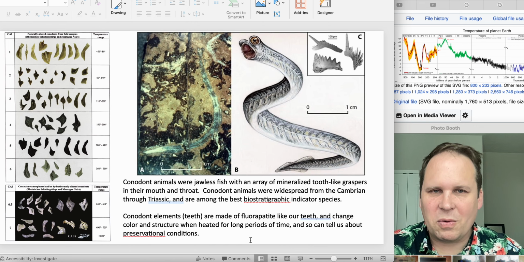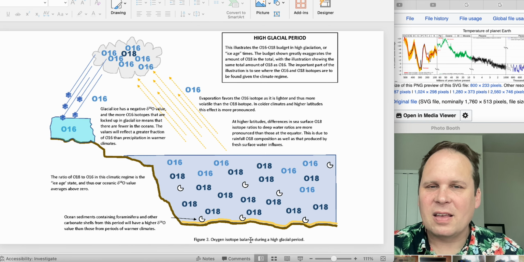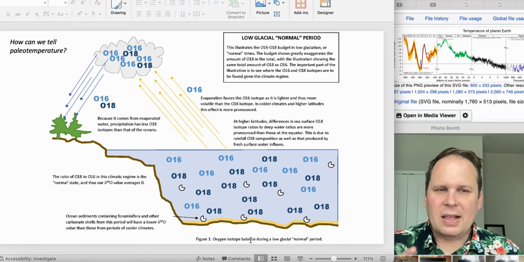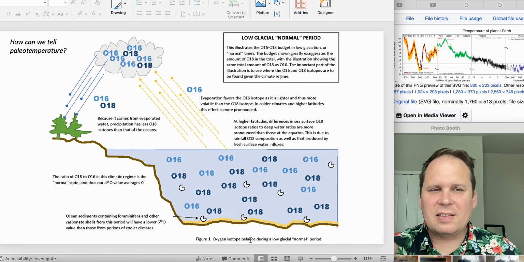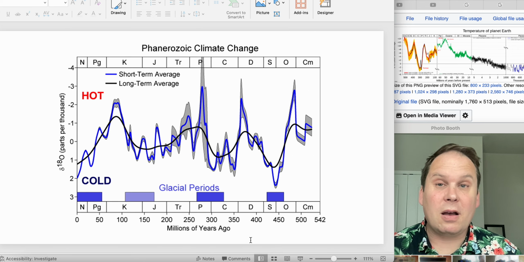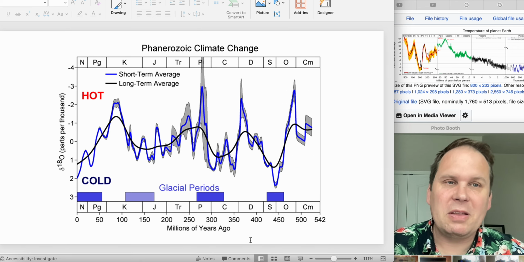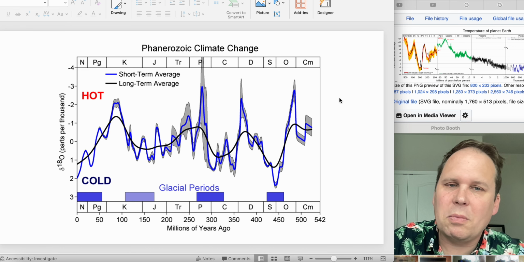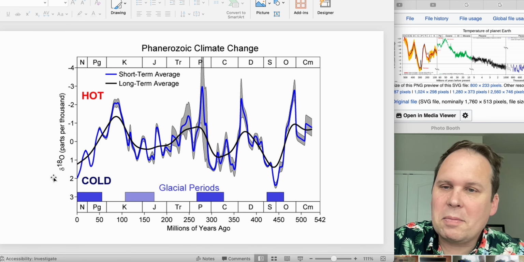So in terms of questions, let's think of some questions. I would like you to be able to walk me through this O16, O18 cycle and what it means. You will notice on the Paleozoic climate change graphs, these global climate graphs are going to be determined by the difference in oxygen 18.